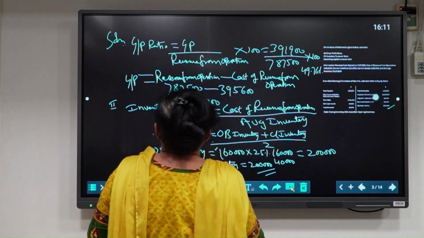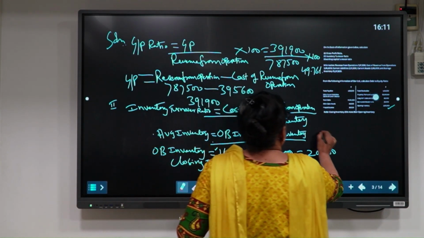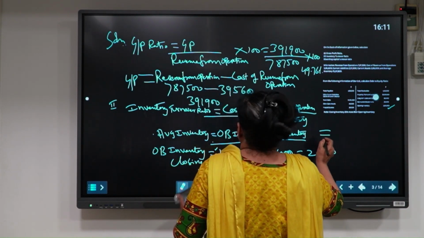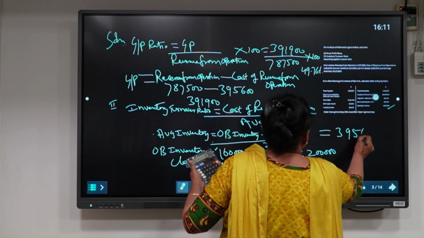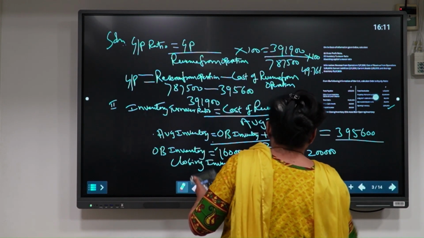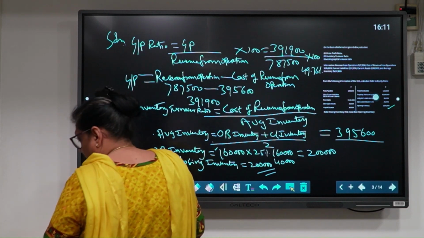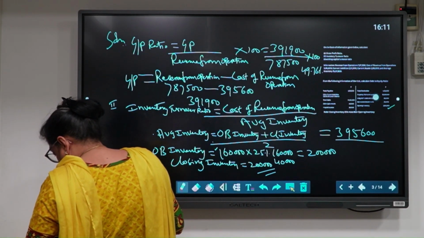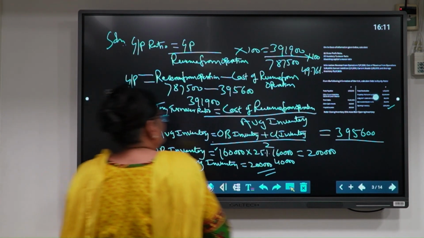Now what is the formula? Inventory turnover: cost of revenue from operation is 3,95,600 divided by average inventory.